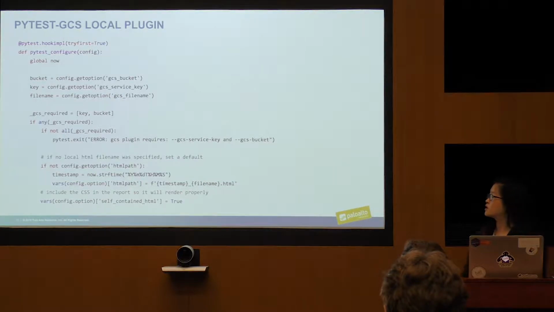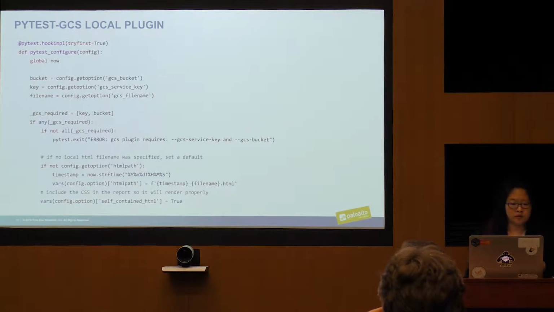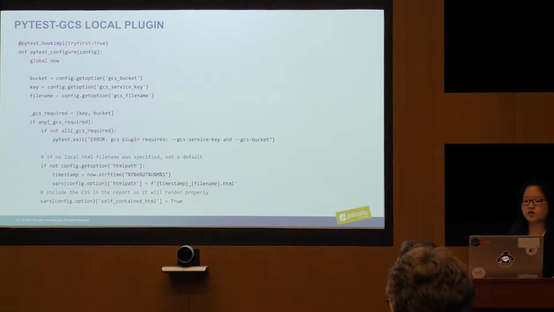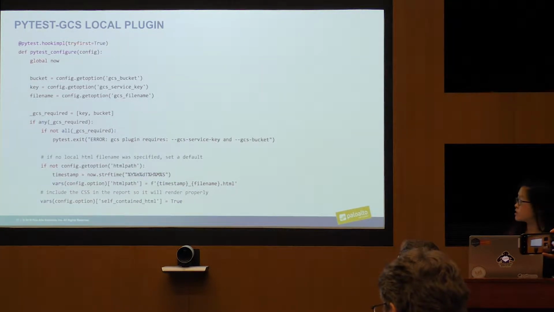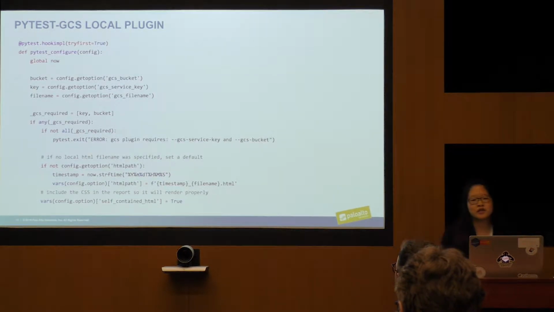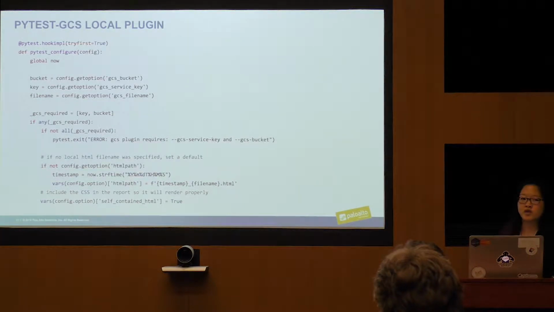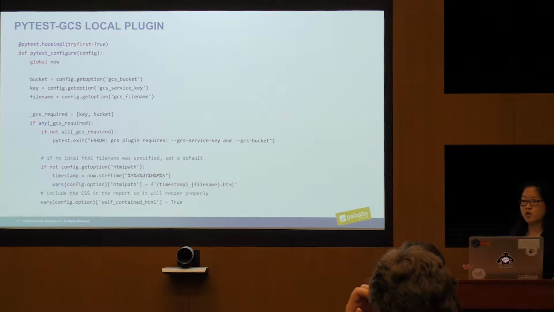So this is the hook function, Pytest configure, where we check for the existence of the command line options. Here I've decided that if someone specifies, say, the bucket name but doesn't specify the service key, we don't want to proceed unless they've specified all.